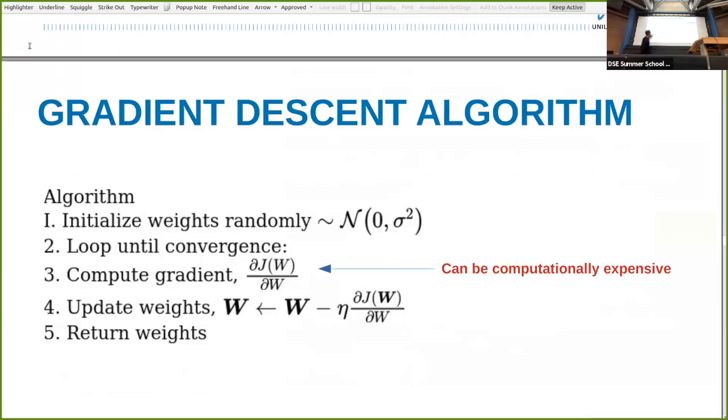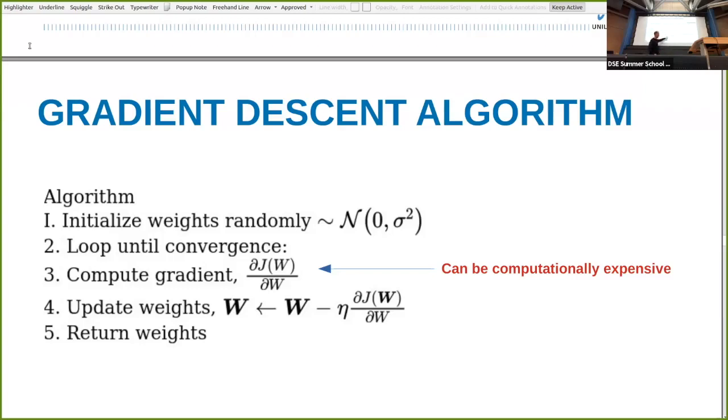Now what you would do, in the classical way, is compute the gradient with respect to all the components. This is fine for a linear regression, but if you have a lot of data and a lot of coefficients, this part here would kill you. Then you would update the weights.